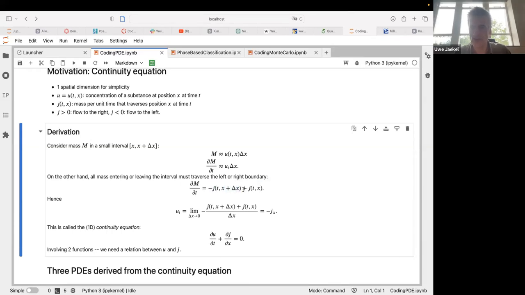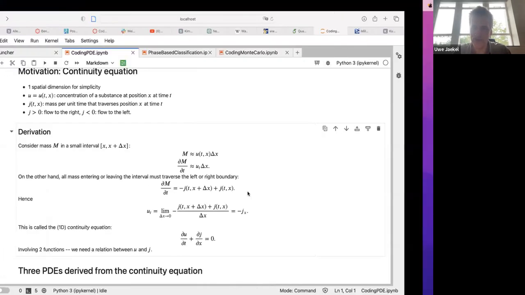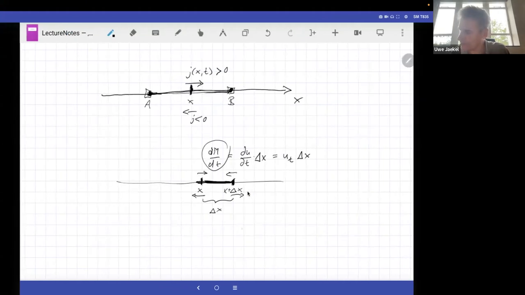Why do we subtract it? This is due to our notation. Think about it. Let's assume there's no flow on the right boundary, so this is 0, and matter is coming from the left boundary. So for some reason the right side is blocked, and matter is coming in through the left boundary. Then the mass must increase.